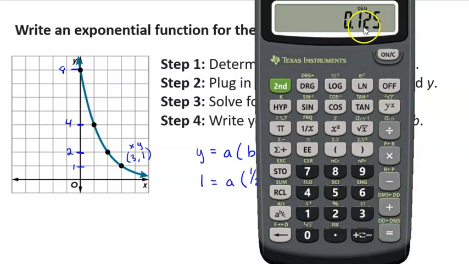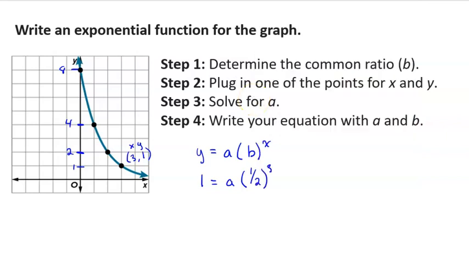If I'm not sure about what this is, I can always change it back into a fraction, and I get 1/8. So now I have 1 equals 1/8 a, and from here I can multiply both sides by 8, and I get a is equal to 8. So now I have y equals 8 times 1/2 to the x power.